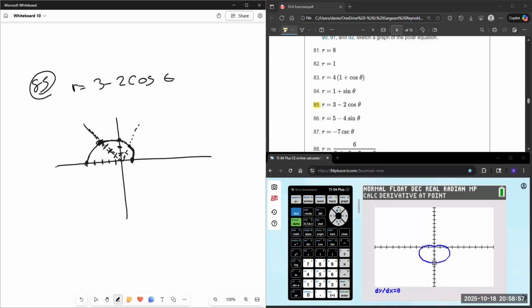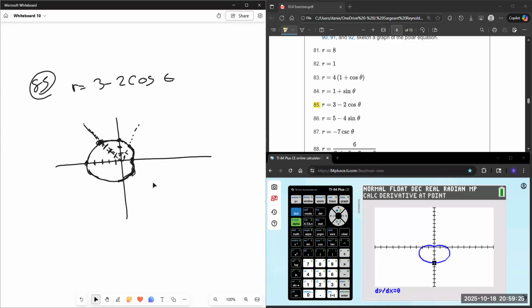And this is going to be symmetric to the polar axis here. So the bottom half of this comes out and then back in the same way. Again, I'm freehanding this, so don't expect this to look wonderful. I'm going to put it in my calculator in just a second, but it's something like this.